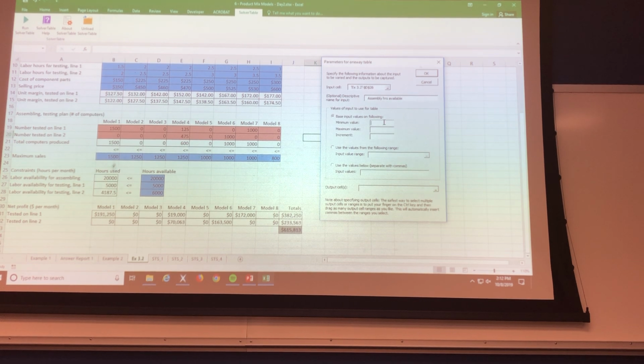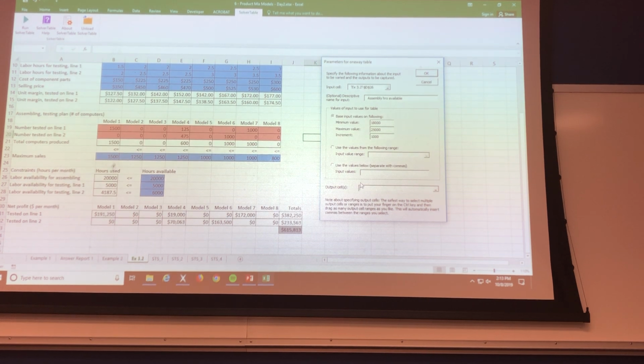It tells me exactly what to do on the PowerPoint: go from 18,000 to 25,000 in increments of 1,000. So D26, assembly hours available, vary them from 18,000 to 25,000 in 1,000 increments.